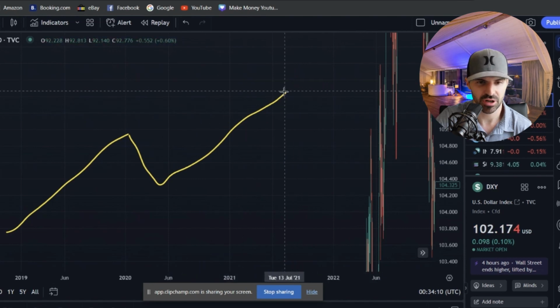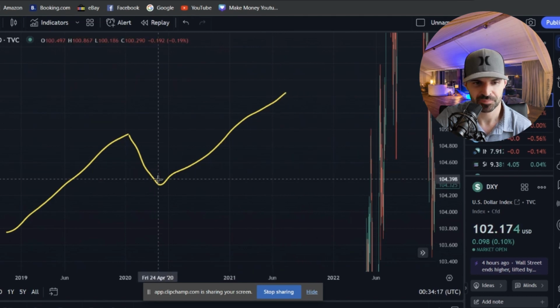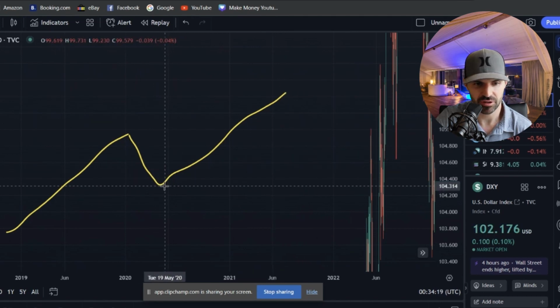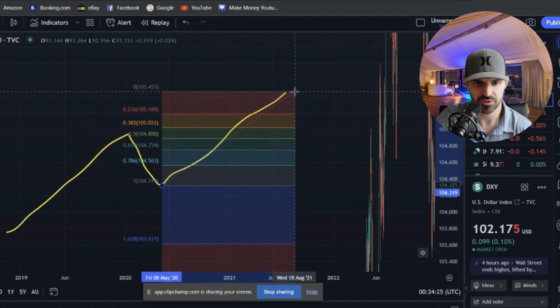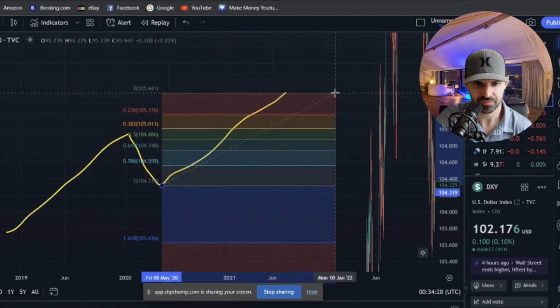Say this was the price action and I didn't want to buy up here because of the fear of it coming down again. So what I do is I set my Fib level here where it made its previous retracement, and then I bring it right up to the top here where the price is topping out.